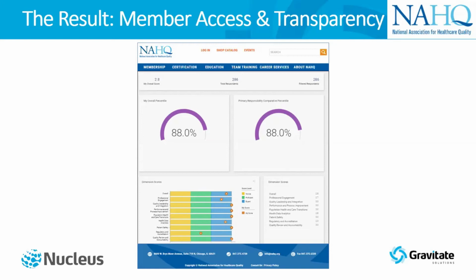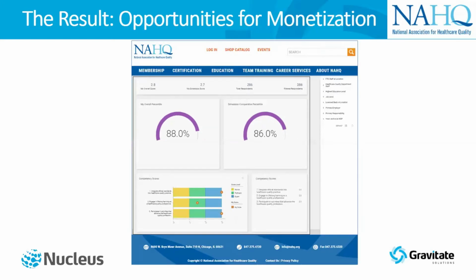And then what gets really interesting is NAHQ took it one step further, which is they looked at this as an opportunity to monetize this data. They worked with the members and said, look, if you'd like, by buying a subscription, you can not only look at how you're scoring, but you can now look at how you compare in very specific areas against other members.